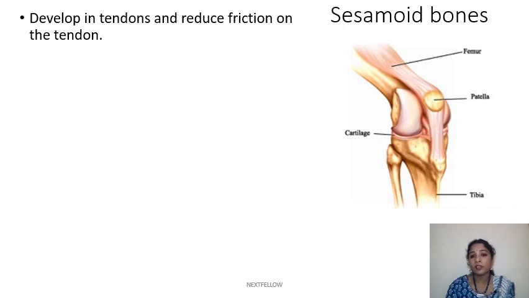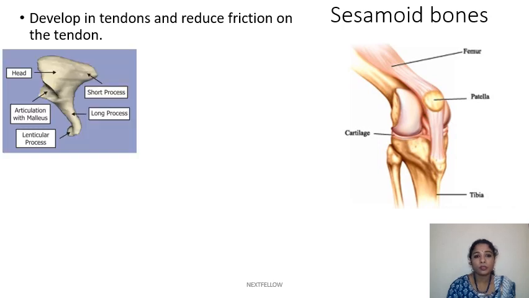And the main feature here in the sesamoid bone: usually the long bones will have an outer covering called periosteum. Here the outer covering, the periosteum, is absent in sesamoid bone. So these sesamoid bones ossify after birth usually, and there is no Haversian system in the sesamoid bone.